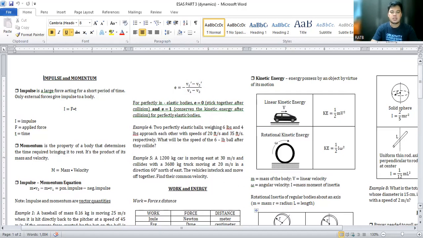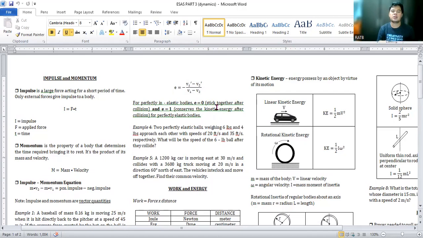So that is equal to 0 when the two bodies stick together. That means after the collision, the two bodies move as one.